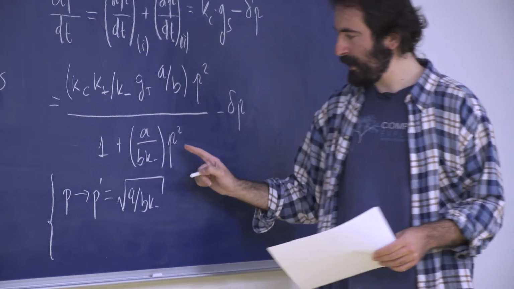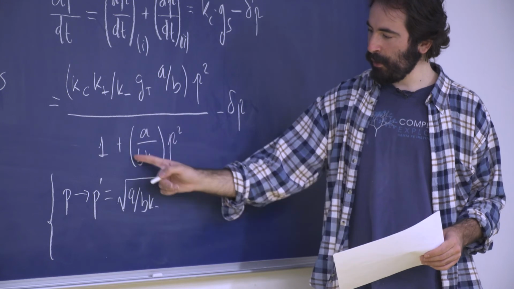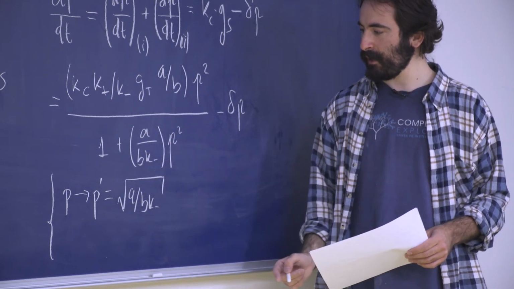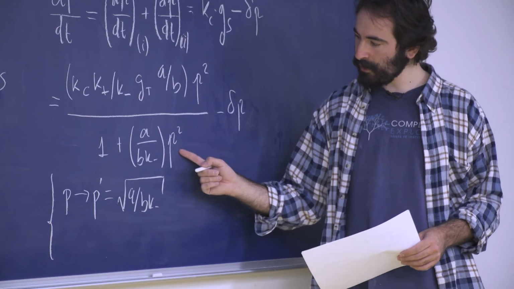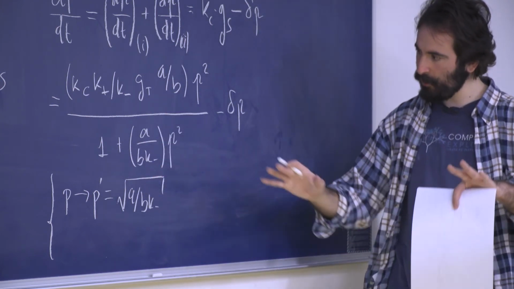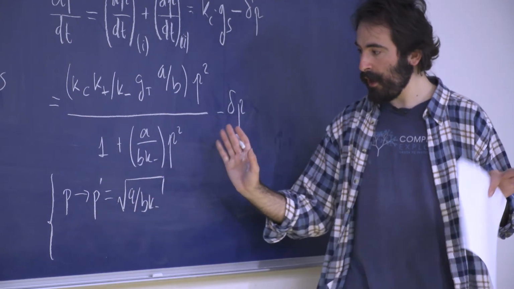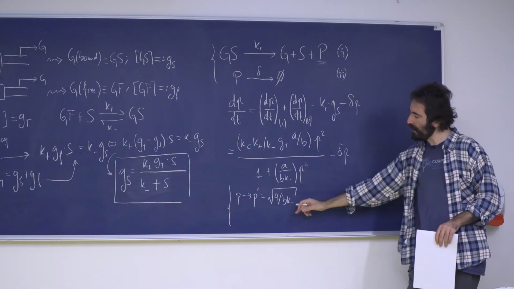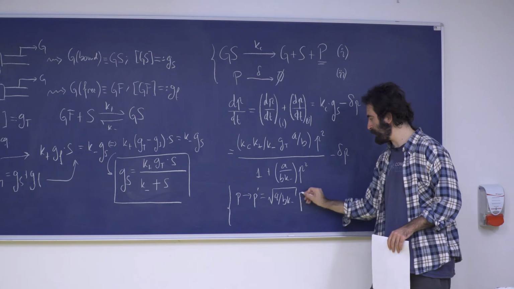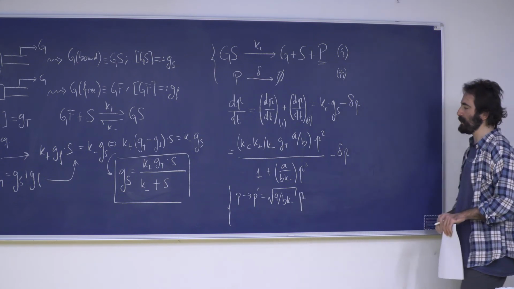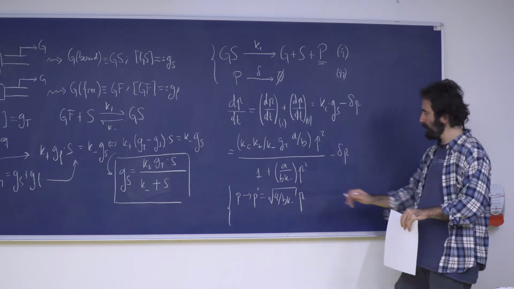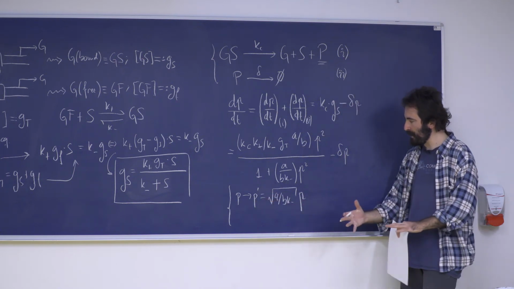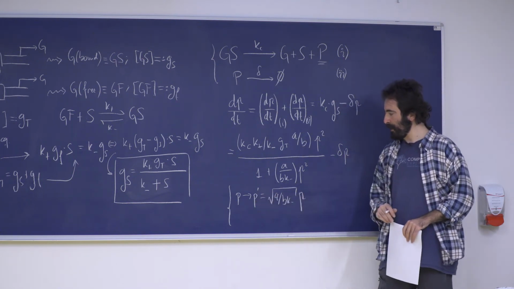Well, notice that this is just something that I'm pulling out here from the denominator because I have A divided by B K minus, but I have a P squared here, so if I want this to be just a pure variable squared, I need to call this a square root and then put it inside. And that's where I get the inspiration to actually write this down, right? I know this way of writing P and this way of writing P can create some confusion, but it's exactly the same P. Now, this is primed.